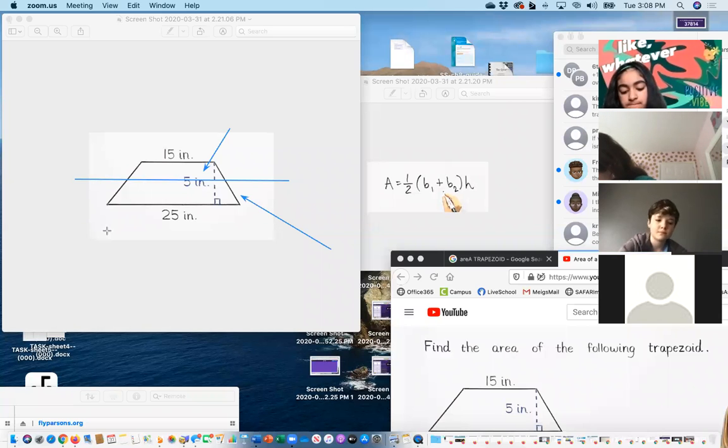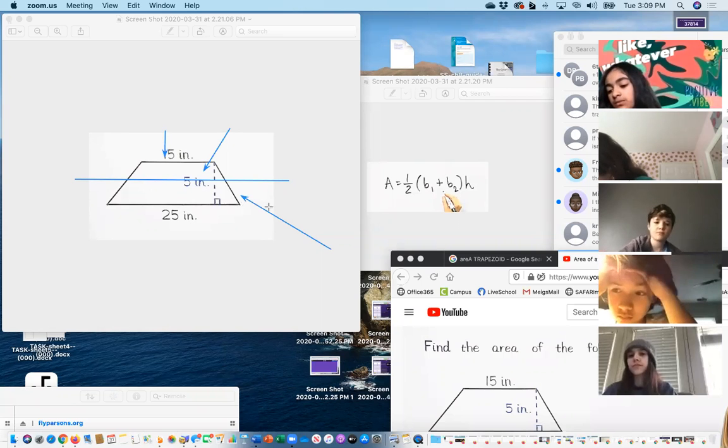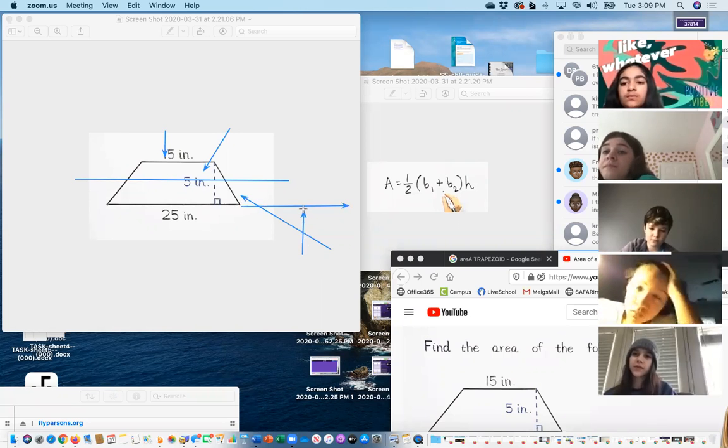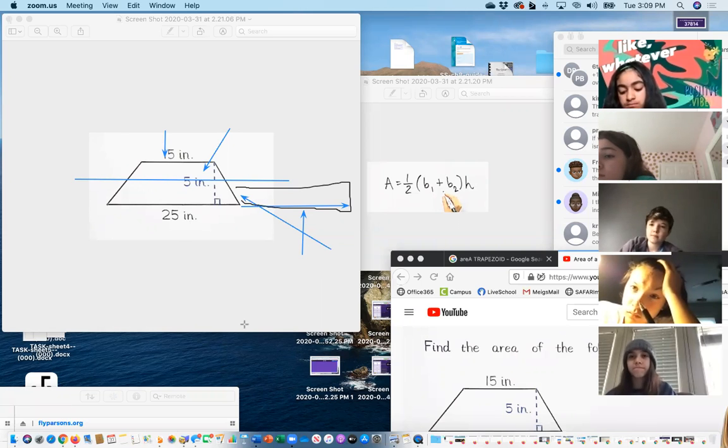Because I would take this top 15 and it would be added on right here, correct? Everybody agree? This would be 15 more. So it'd be a total of 40. And it would only be 2.5 high, correct? Everybody good with that?